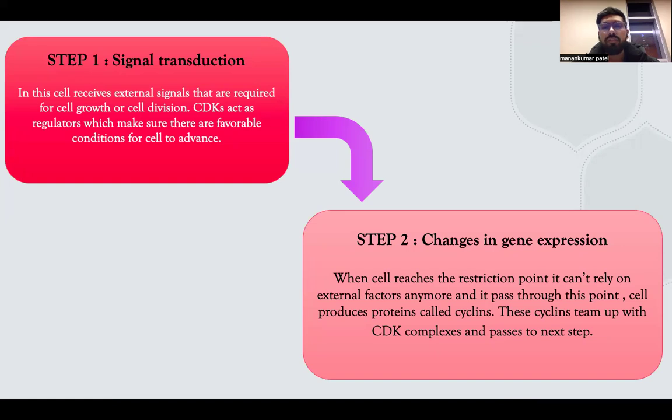Let's move on to step 2, where there is change in gene expression. When the cell reaches the restriction point, it can't rely on external factors anymore, and it passes through this point. The cell produces proteins called cyclins, and these cyclins team up with CDK, forming complexes that help the cell to pass to the next phase.